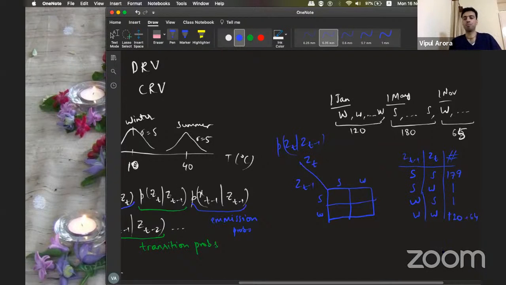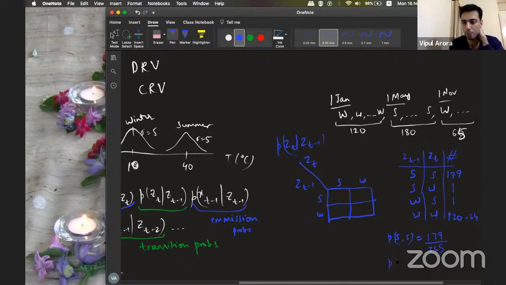So these are our data. But what is this data? If I say this is the probability of summer comma summer, it will be 179 divided by everything. Let's say, how many? 365. Yes, this is 365.